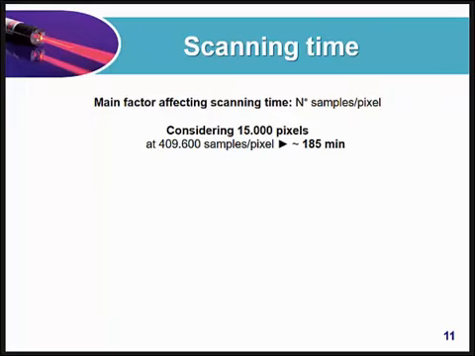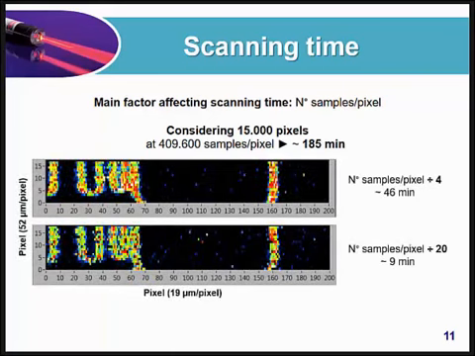So we saw that it's a point that requires improvement. In that way, I considered a new image changing the number of samples per pixel. I divided by 4, so we reached 46 minutes, and dividing by 20, we reach around 5 minutes.